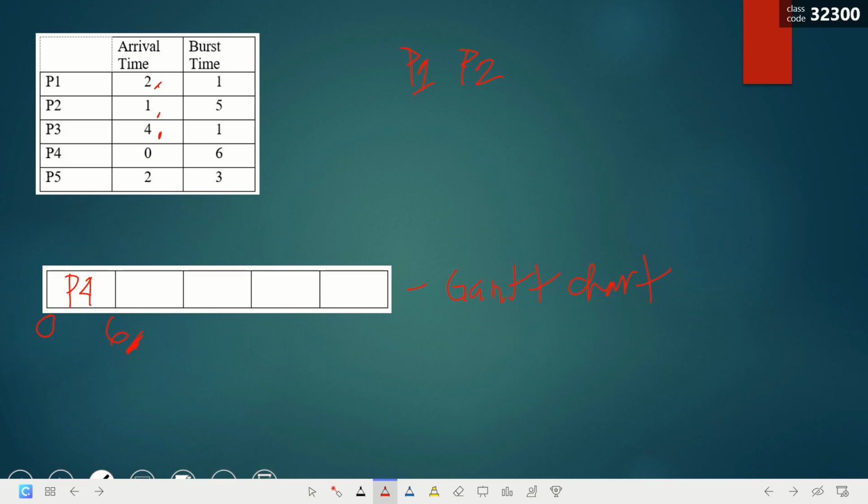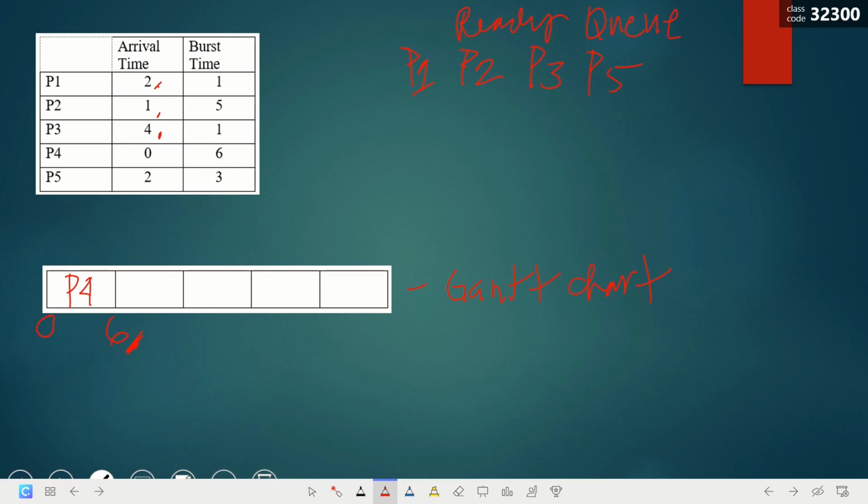Once P1 to P3 are done, we can then have P5. So all the processes have arrived, and we can say these are in our ready queue.